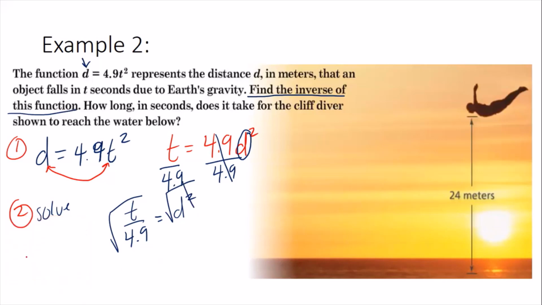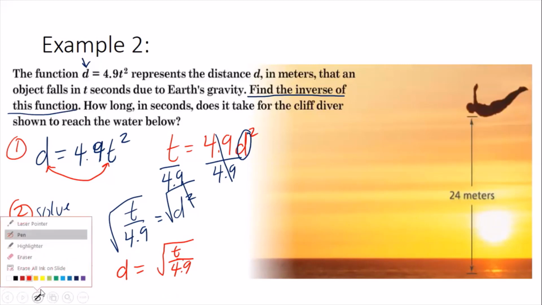So we're going to rewrite. Because these are defined variables already as d and t, we don't have to worry about writing inverse. So we now just know that d equals the square root of t divided by 4 9/10. Not d, I wrote that wrong.